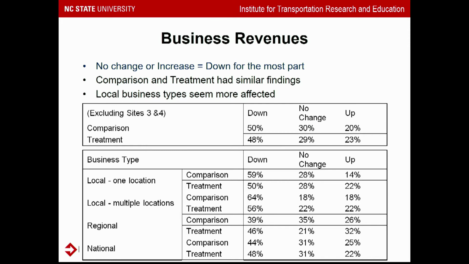So we're seeing that the populations are saying that revenue is impacted by the economy fairly equally here. So we don't see any bias here whatsoever, but you do see a little more impact at the local level, it seems. If you look at the local one location and the local multiple locations, you'll see that the impact on revenue seems to be a little bit different than if you had looked at the regional or national.